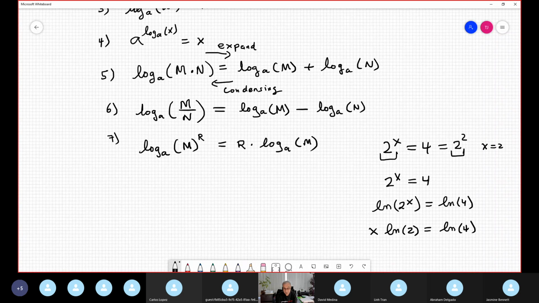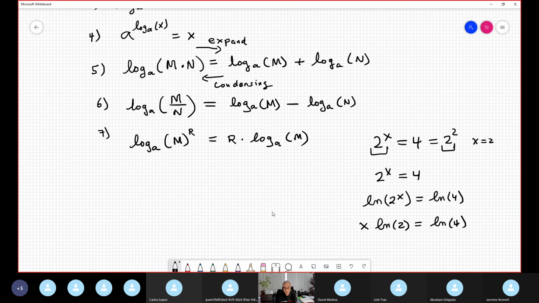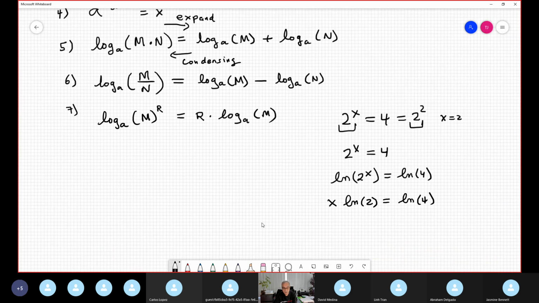And this exponential equation that we had at the beginning is converted now to a linear equation, exactly the linear equation that you solve in intermediate algebra. And you divide both sides by ln 2. And x is equal to ln 4 divided by ln 2.